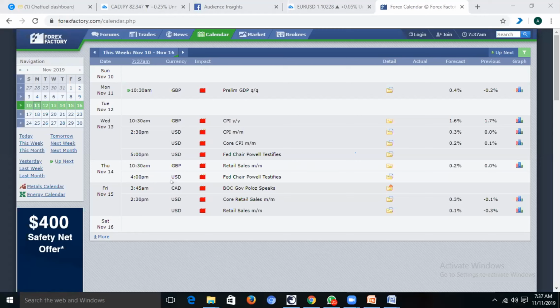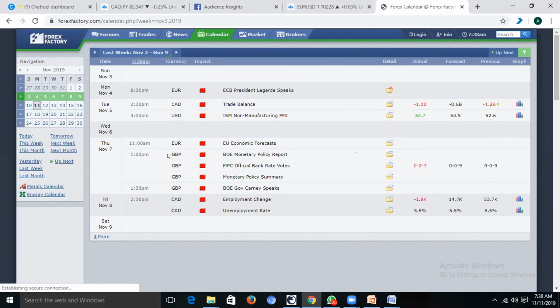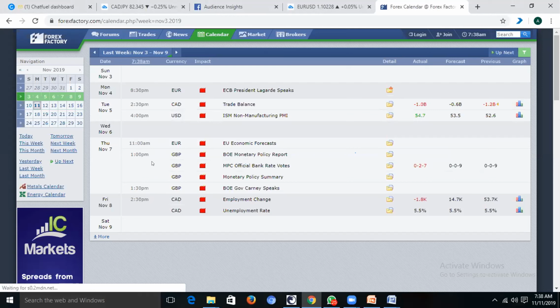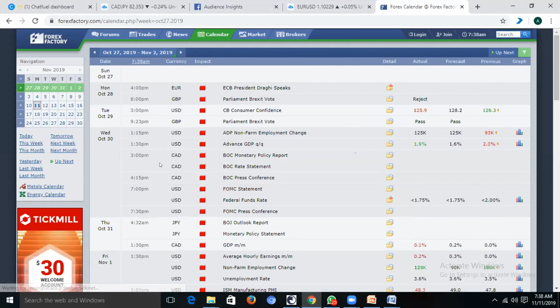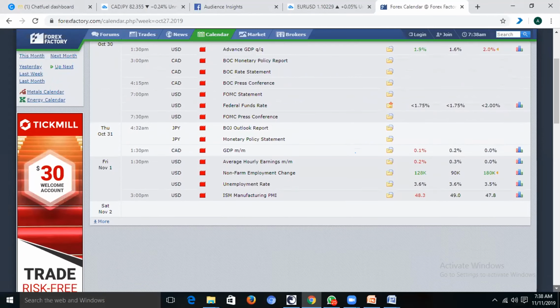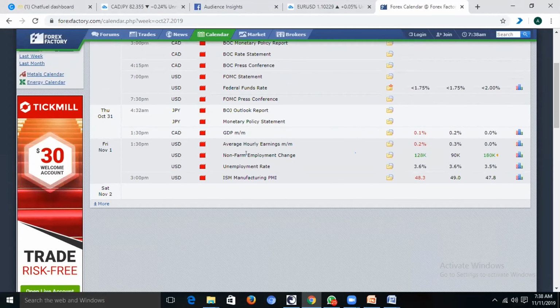Now let me talk about the non-farm payroll news. Let's go back to last week, to the Friday news. Now look at the non-farm payroll news.